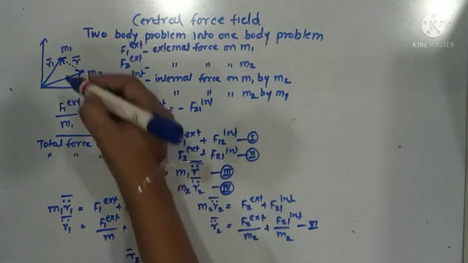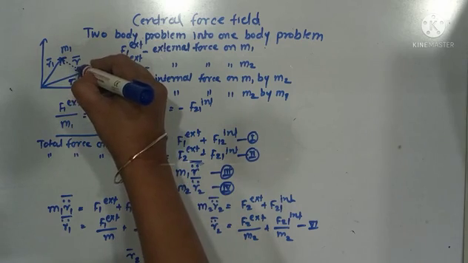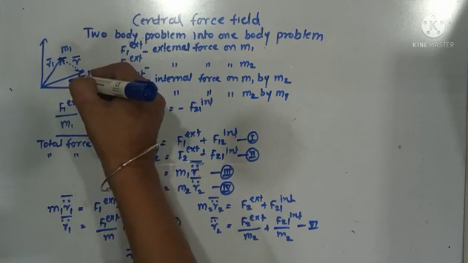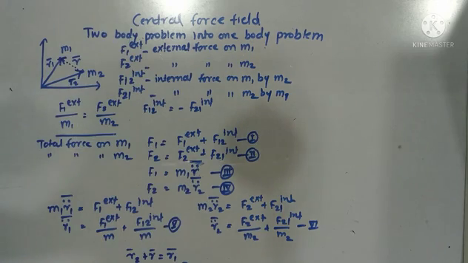If I change the direction over here and make an arrow on this side, I can write R plus R1 is equal to R2. Actually the answer won't change, but the direction for everything will change over there.